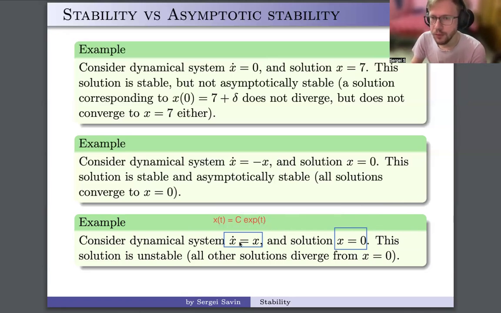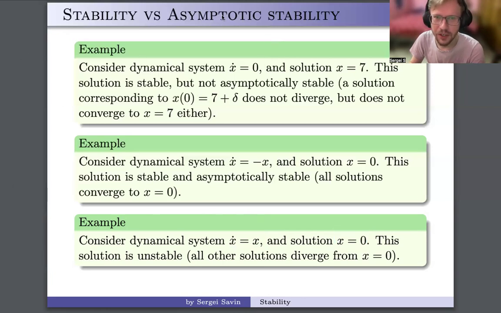The minus sign that was here is not here, so the exponent would be positive. So as time goes to infinity, the solution would exponentially increase. So any c which is not 0 will lead to a solution that goes away from the node x equal to 0. Right, so that is 3 examples.